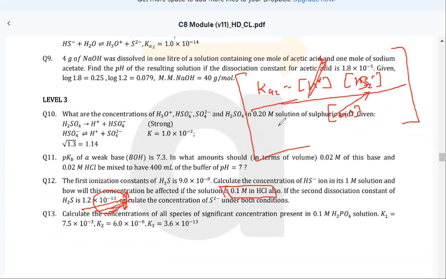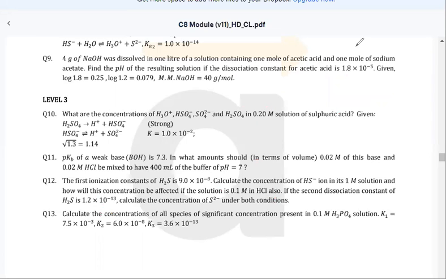Yes or no? And the concentration of HS minus we have calculated already, so you have to put that. So there's a difference, because we have both conditions.